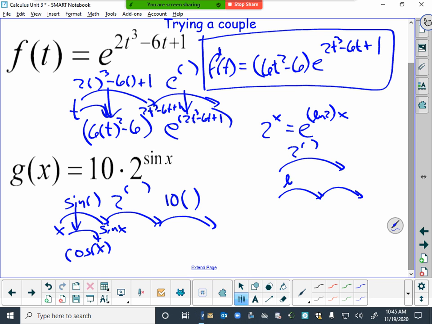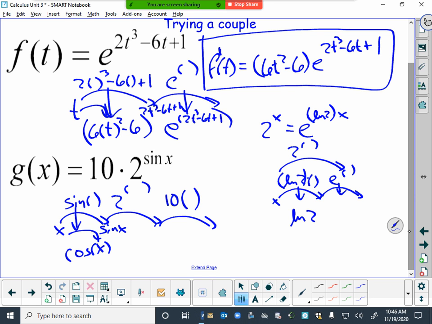The first thing we do is multiply by the natural log of 2, and then we do e to the power. So these two arrows together are the same thing as the one arrow for 2 to the power. And the natural log of 2 times x is just linear with a slope of natural log 2, so its derivative is just natural log 2.